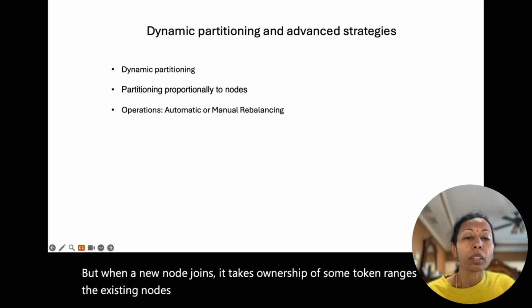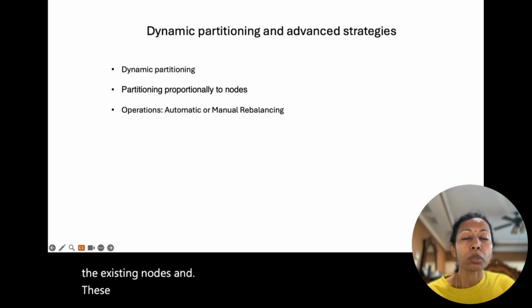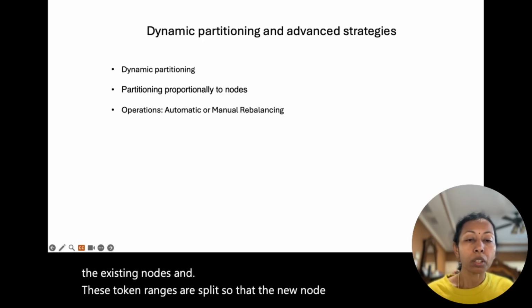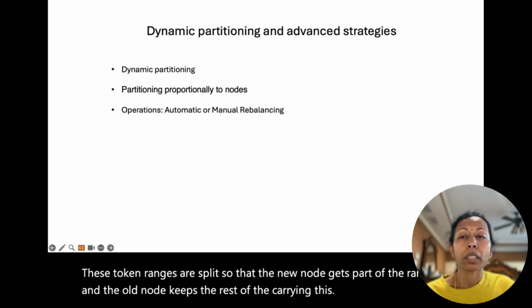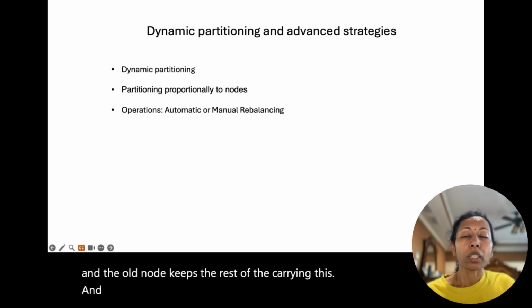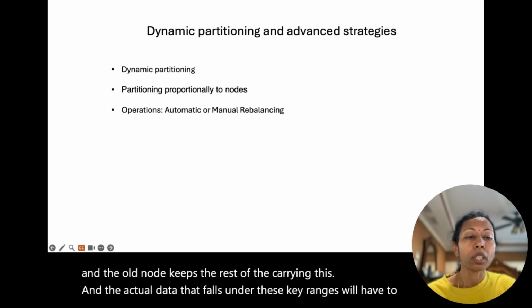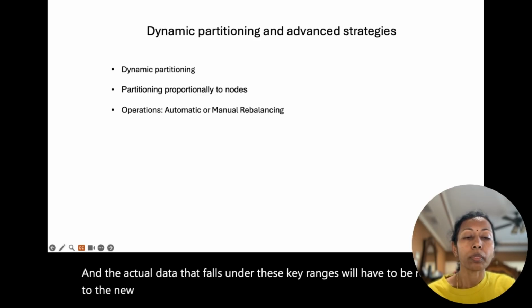And these token ranges are split so that the new node gets part of the ranges and the old node keeps the rest of the key ranges. And the actual data that falls under these key ranges will have to be routed to the new node.